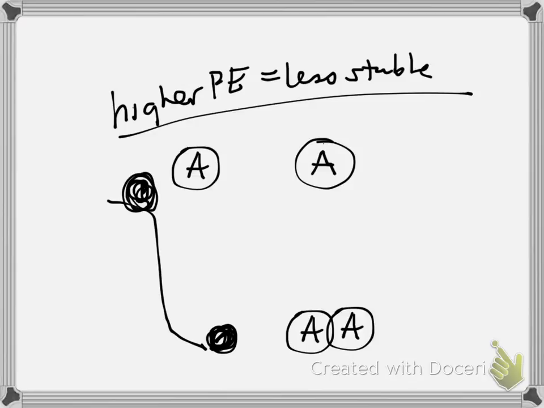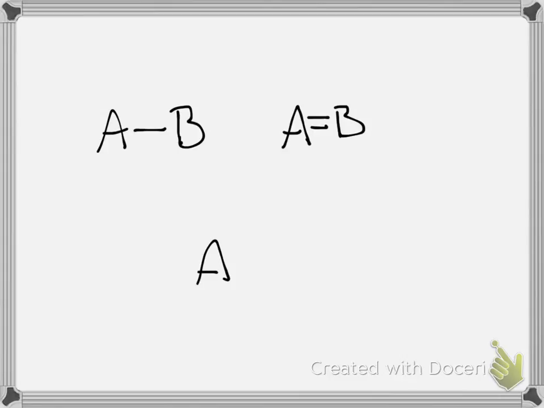Bond energy. Okay. Again, let me give you the highlights on really all I expect you to know. I'm using my generic ABs again. In general, single bonds are longer than double bonds.